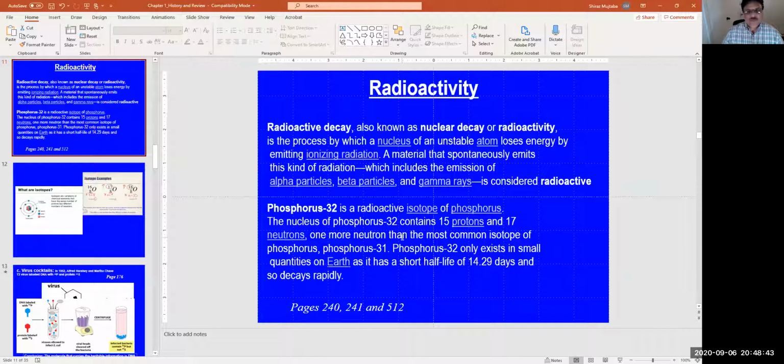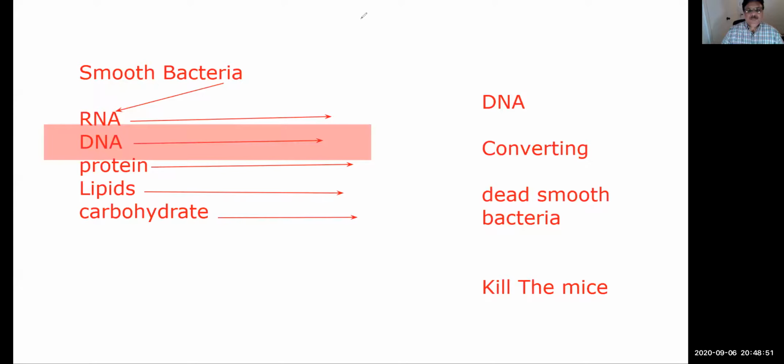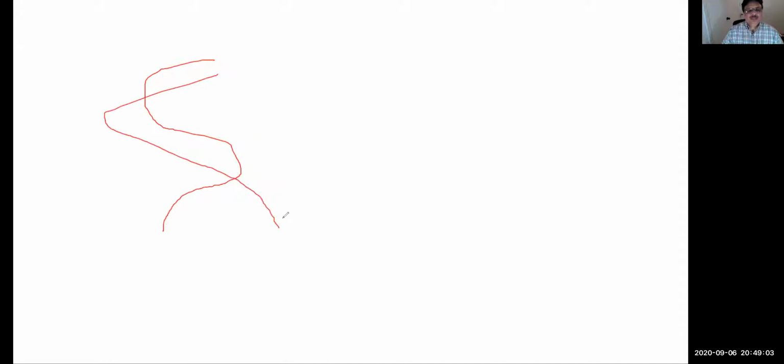Now let me tell you why and how. We all know by now, at least superficially, that DNA is a double helical molecule, right?